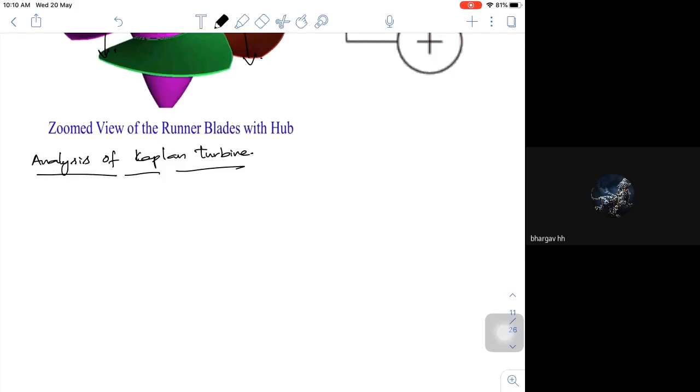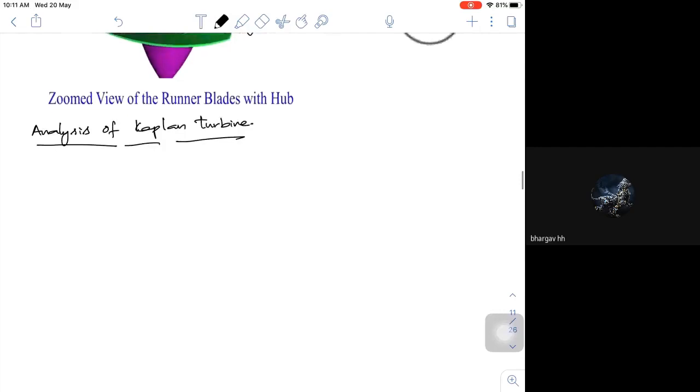No. So if you draw your inlet triangle, this will be V1, this will be VR1, U1, and this is your alpha 1.